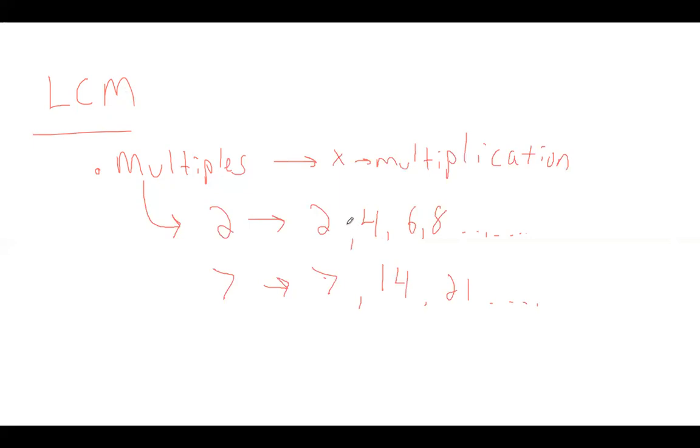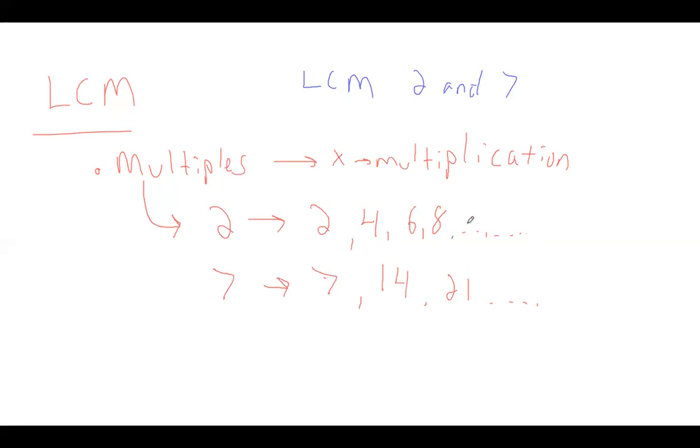So if we want to find the least common multiple, we have to list out the multiples and then see what they have in common. So if I were to keep going, for example, here, if I said, what's the least common multiple of 2 and 7, I'd list out the multiples until I had one that was in common. So far, I don't have any in common, do I?